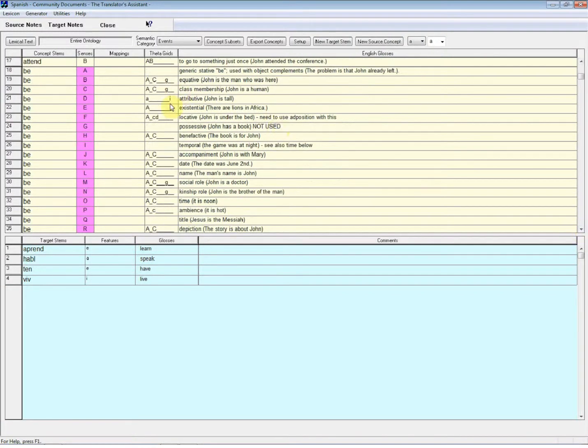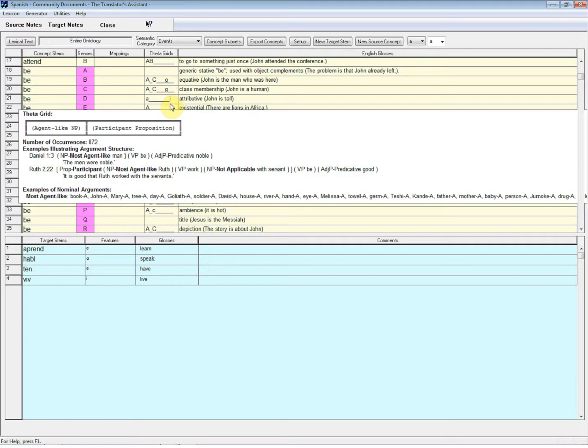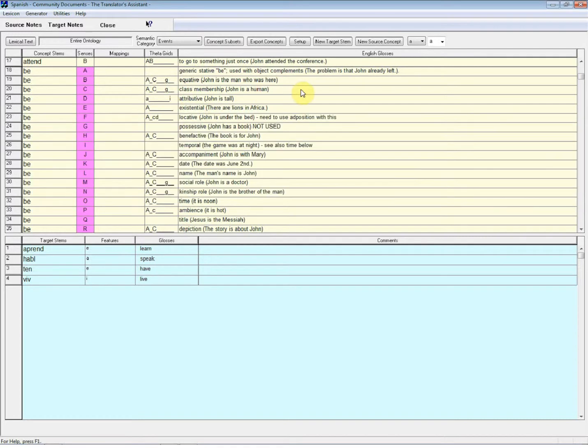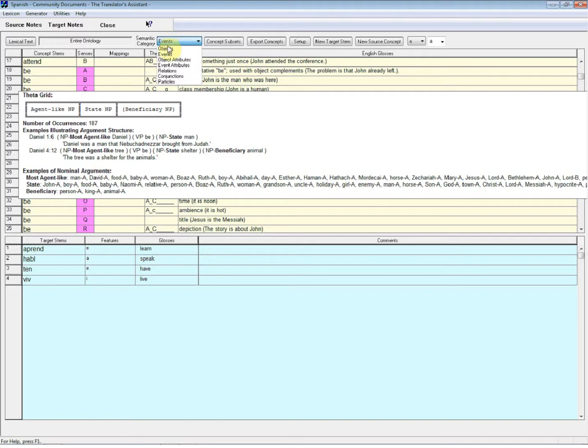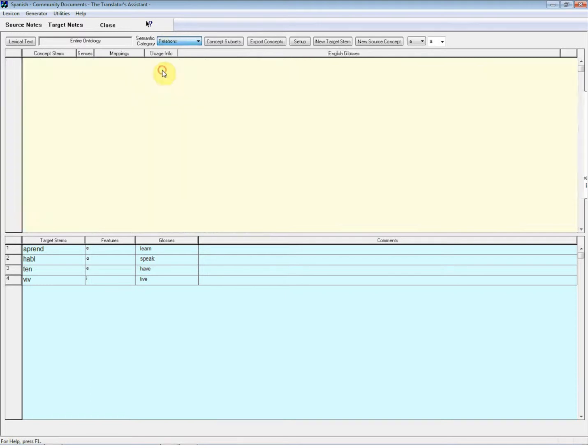Be is just a general connector word, but we have senses that are locative, existential, possessive, benefactive, etc. When we are in a translation application, trying to translate a document, we specify at this kind of level what the actual concepts are.